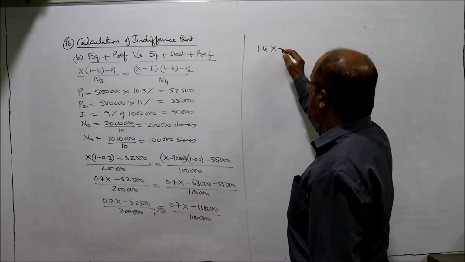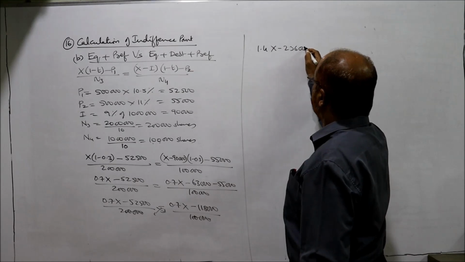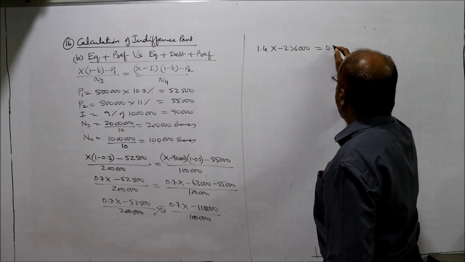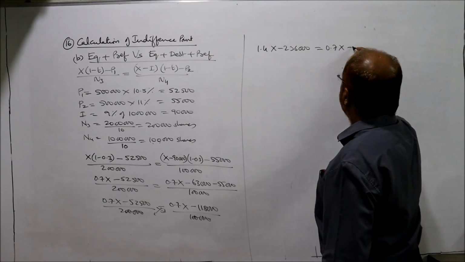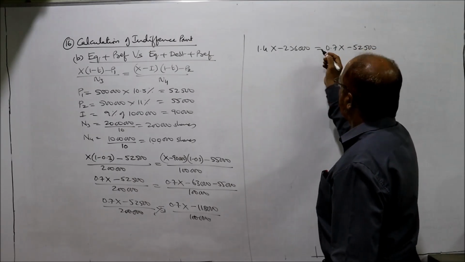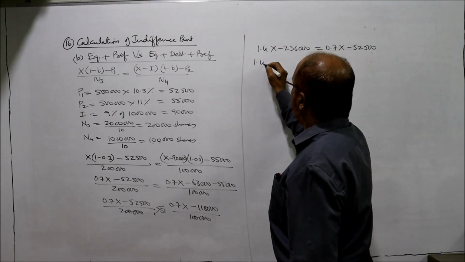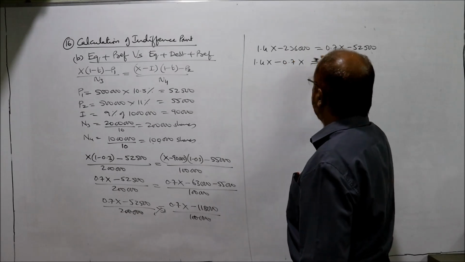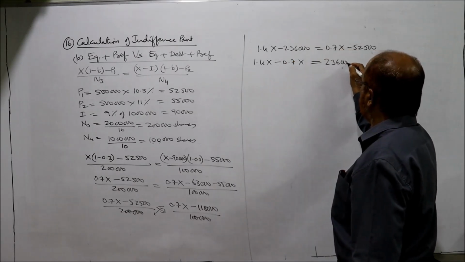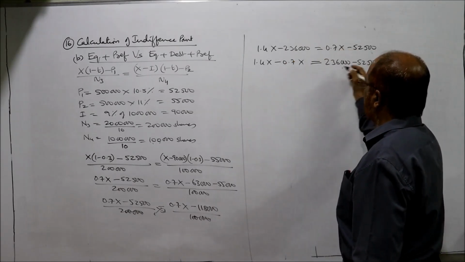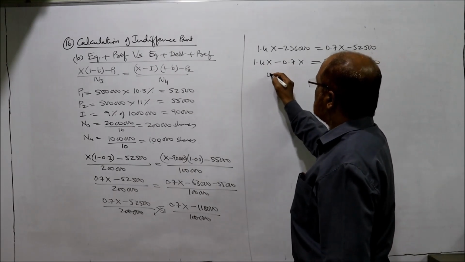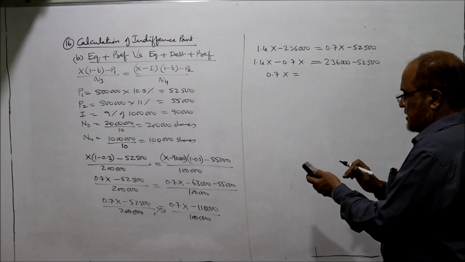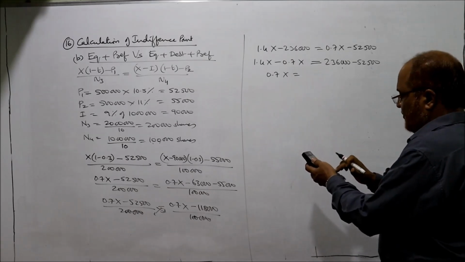So minus 2,36,000 is equal to 1 into 0.7, which is 0.7x minus 52,500. Now bring this 0.7 to LHS. 1.4x minus 0.7x is equal to 2,36,000 minus 52,500. So 1.4 minus 0.7 is 0.7x is equal to 2,36,000 minus 52,500.